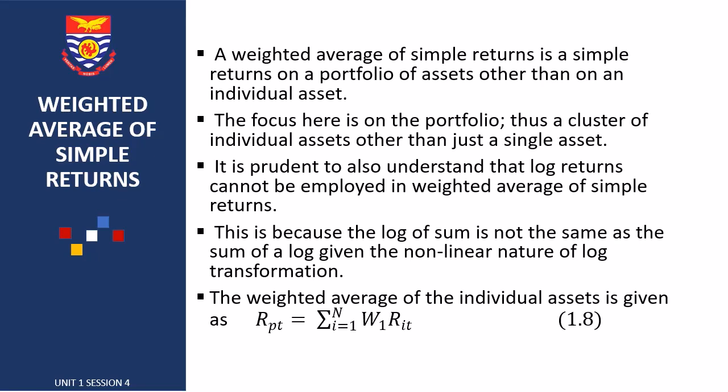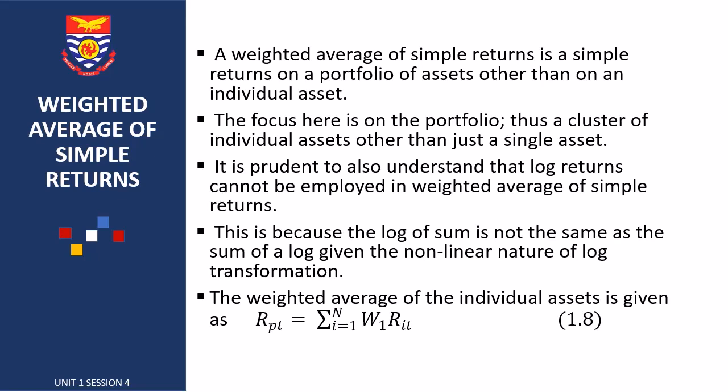The W_1 has to do with the weight which we assign to the return, and the R has to do with the return itself. Here we are assuming we have 5 assets in a portfolio. The W is simply saying that we assign to each individual asset a weight based on the proportion of our investment in those assets.